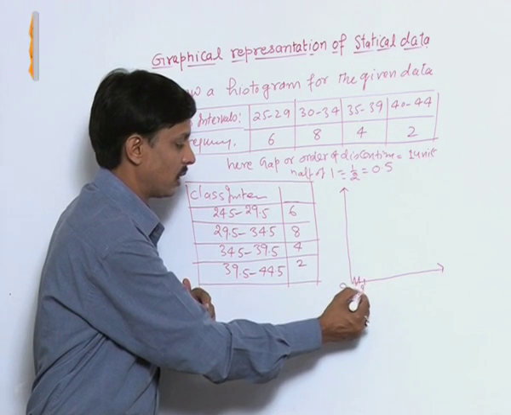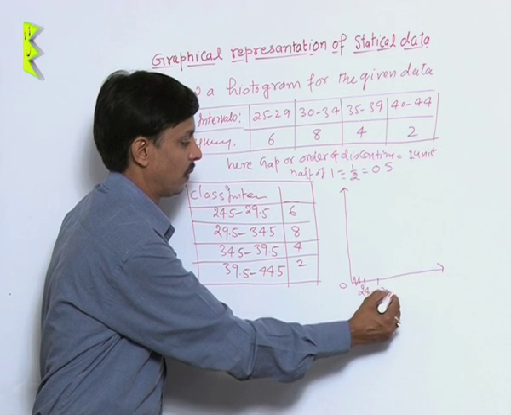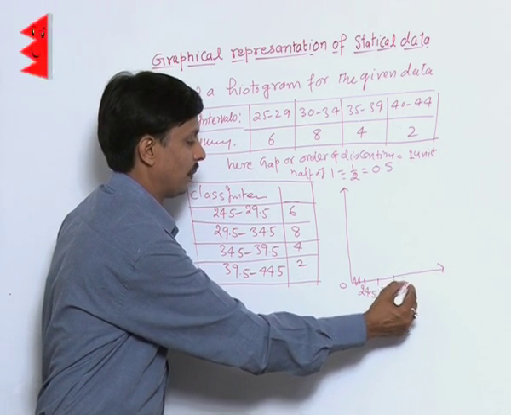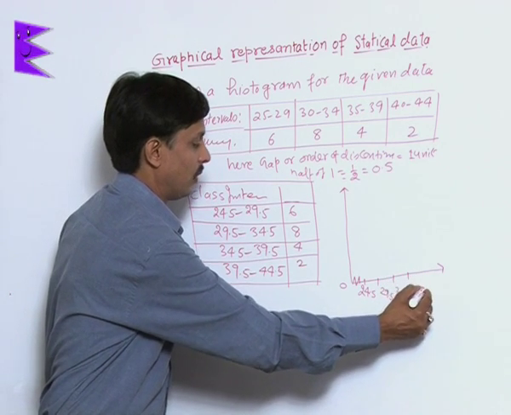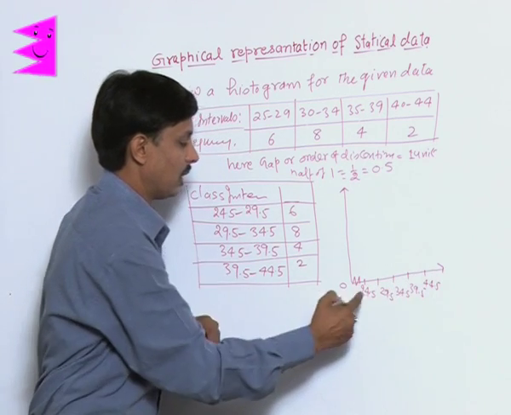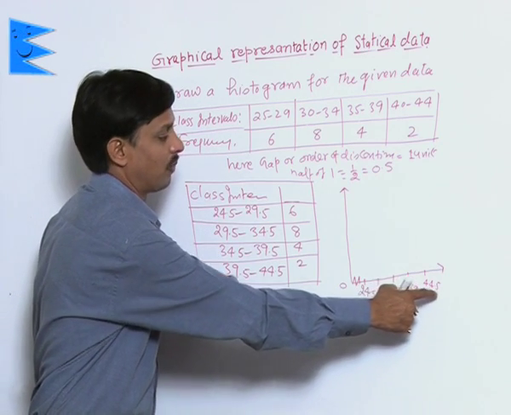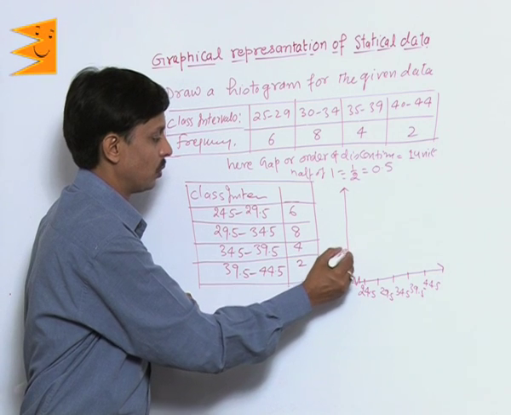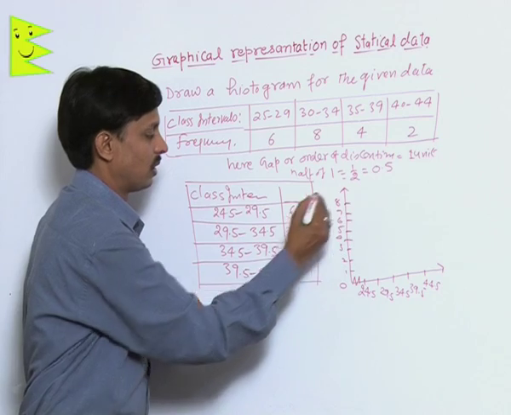Then we take 24.5, then 29.5, then 34.5, then 39.5, then 44.5. The highest frequency value is 8, so 1, 2, 3, 4, 5, 6, 7, 8.